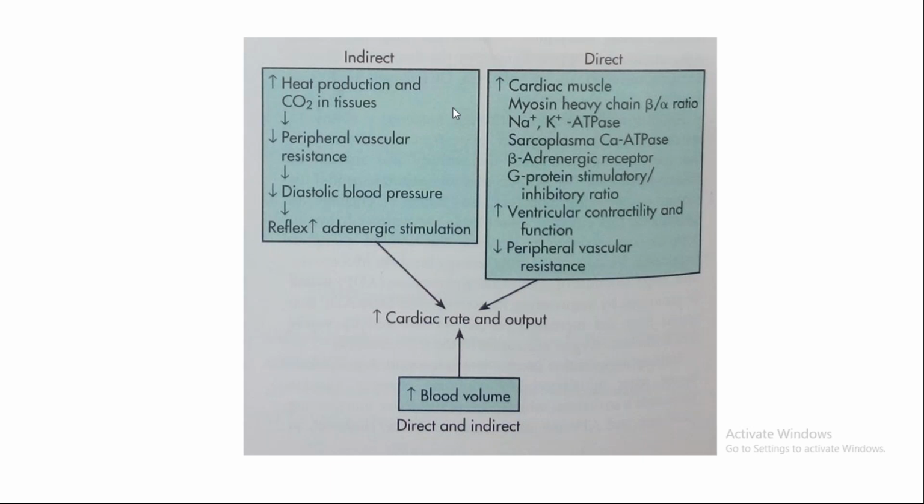And number three, because the heart rate and the stroke volume increase, that will increase the systolic pressure, and the heart rate and stroke volume finally result in cardiac output.